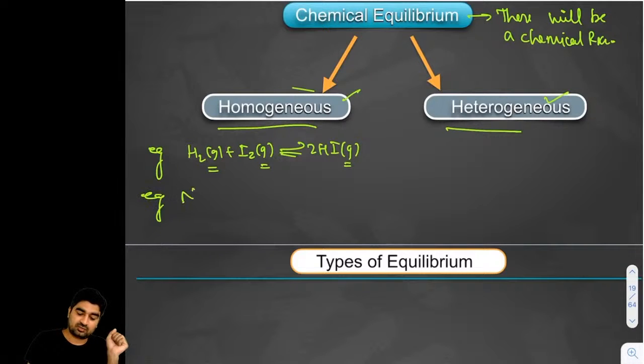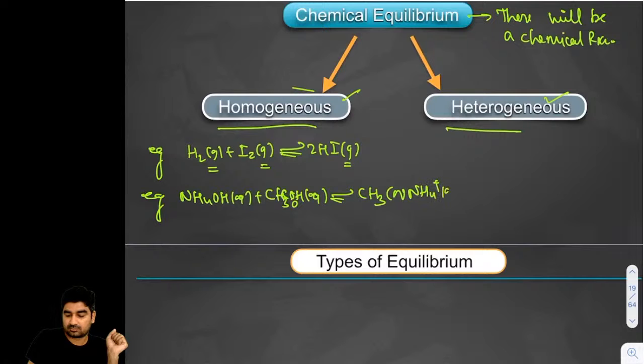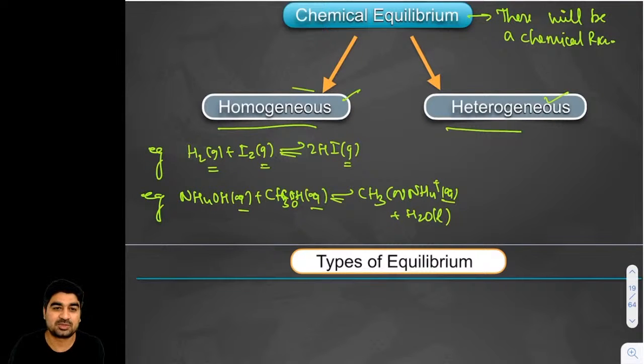If I'm writing NH4OH aqueous and CH3COOH aqueous, so what will happen, guys? You will be getting products, and here everything is liquid. So this is homogeneous phase.